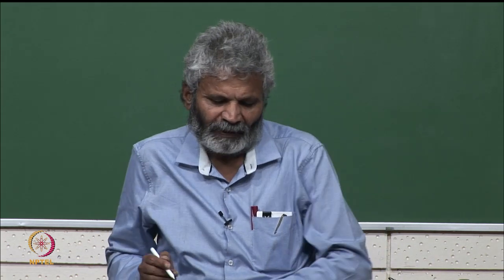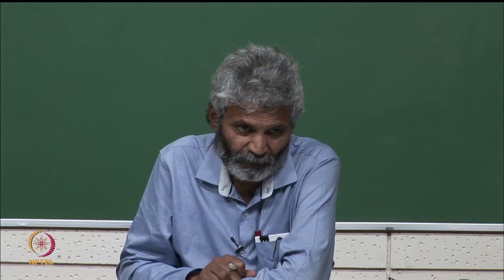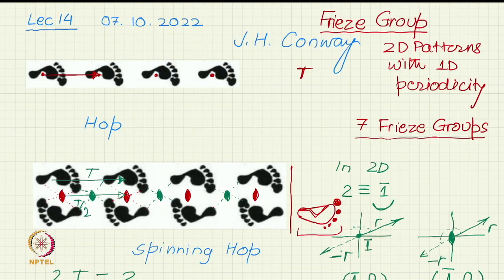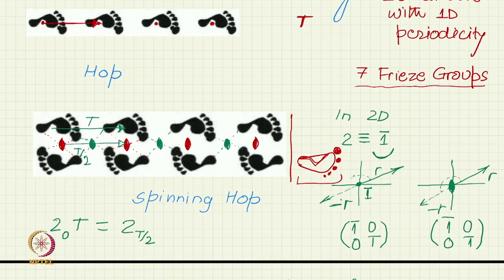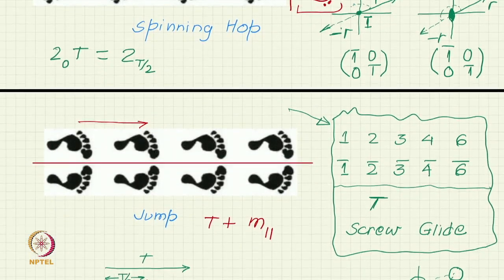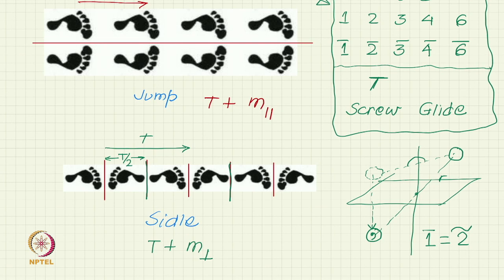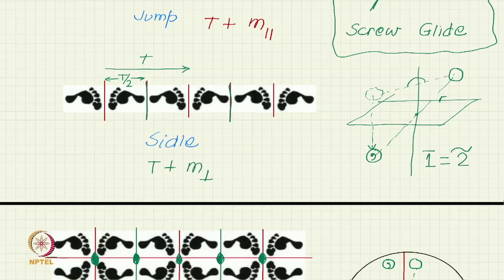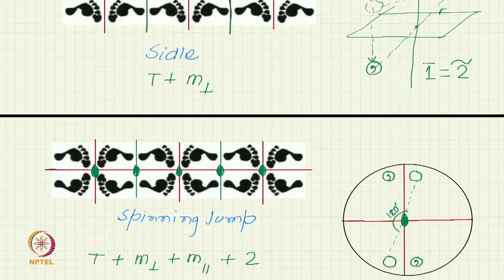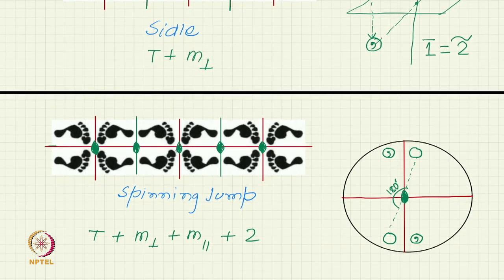So, these were the things we had. Translations anyway were required because we were thinking of periodic patterns. Then we used 2-fold to create a spinning hop. Then we created a jump using parallel mirror, sidle using perpendicular mirror, and then we combined everything to get a spinning jump. So, 5 different frieze groups.